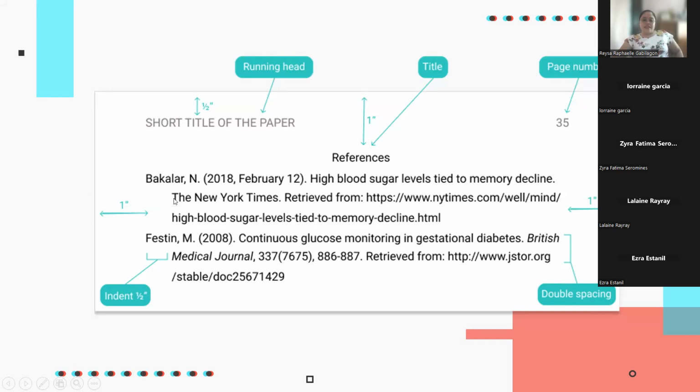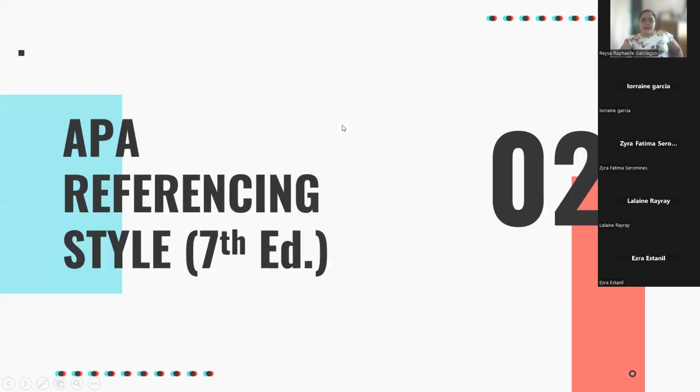The succeeding lines should be indented. Only the first line is not indented. The second line, third line, and so on are indented. That's how you write the references. Okay? So, questions before we move on to the APA referencing style, or clarifications?